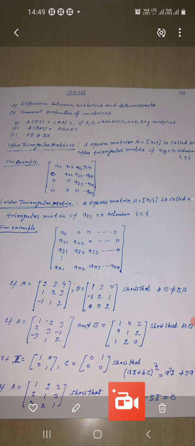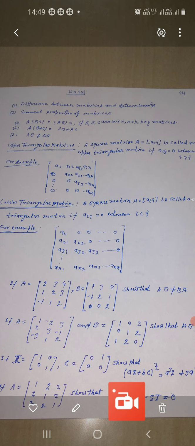Now we discuss lower triangular matrices. A square matrix A = [Aij] is called a lower triangular matrix if Aij is equal to 0 whenever i is less than j. Okay, this is for example: in first row, A11 and 0, 0, 0, and so on.